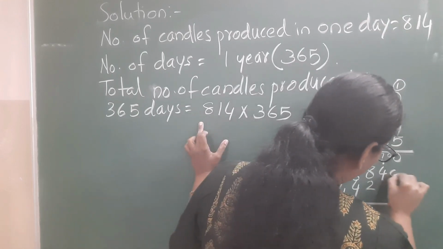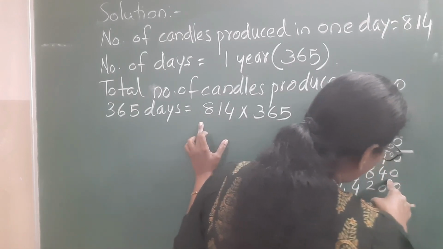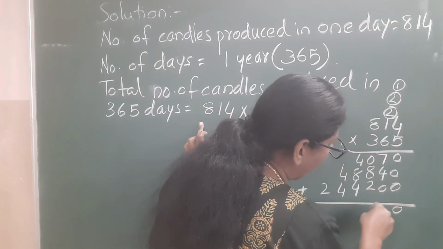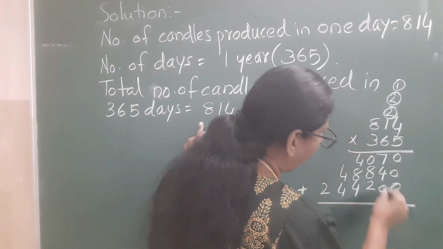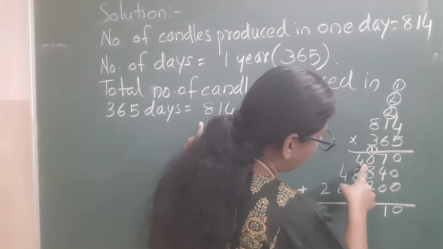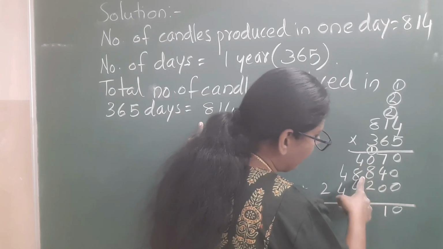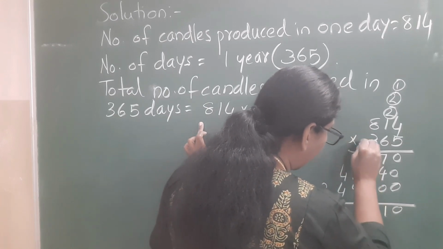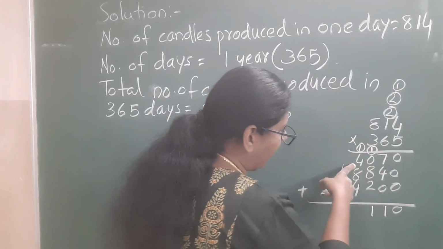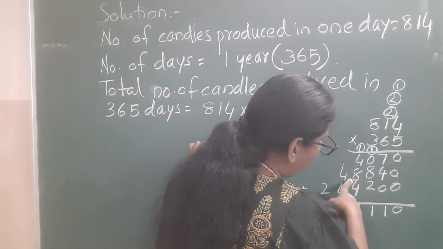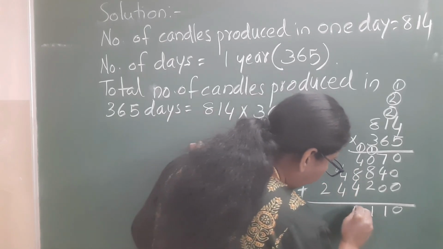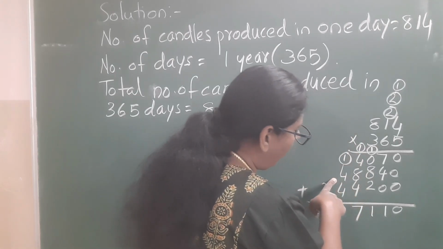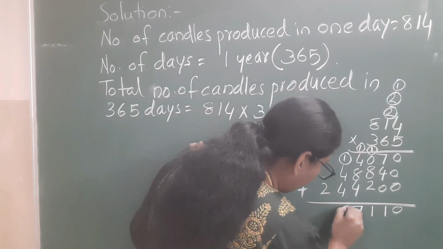Let's do the addition. 0 plus 0 is 0, 0 plus 0 is 0. 7 plus 4 is 11 plus 0 is 11, 1, then 1 carry. 1 plus 0 is 1 plus 8 is 9 plus 2 is 11, 1 carry. 1 plus 4 is 5. 5 plus 8 is 13. 13 plus 4 is 17, 1 carry. 1 plus 4 is 5. 5 plus 4 is 9.